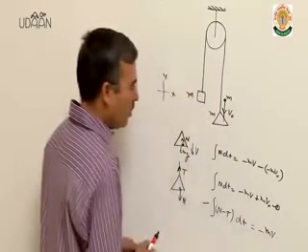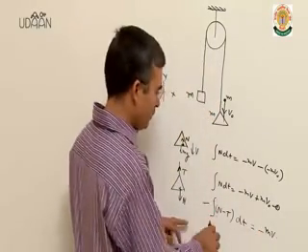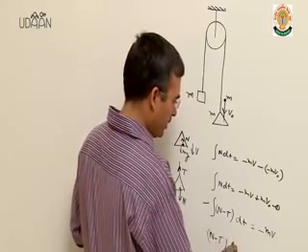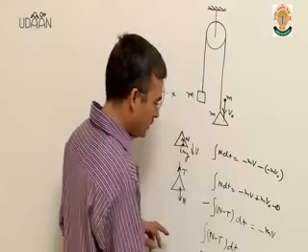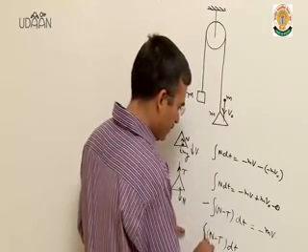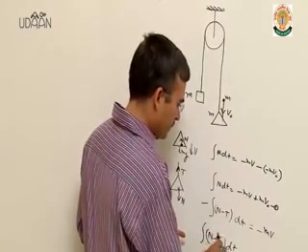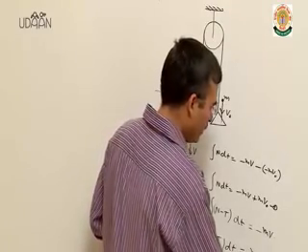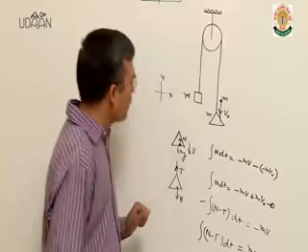Clear? Or if you simplify it, you will get integration N minus T dt equals m into v, second equation.